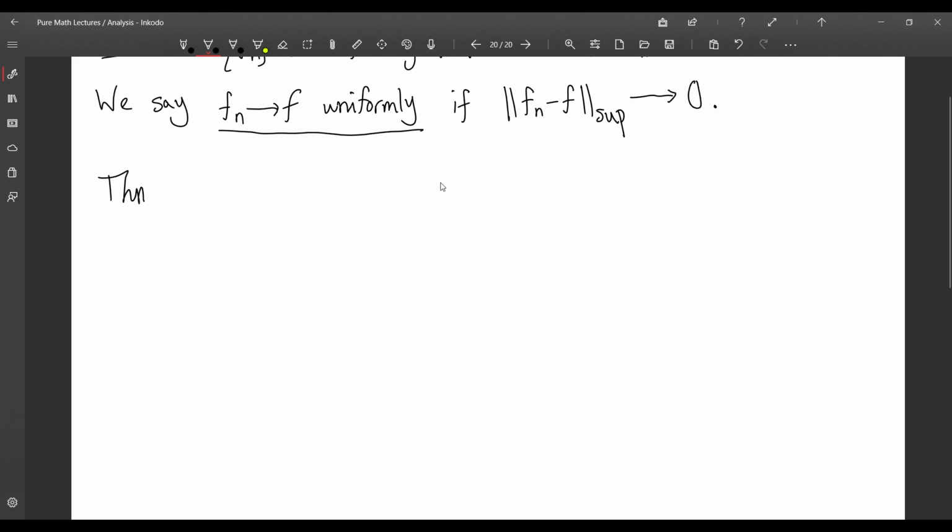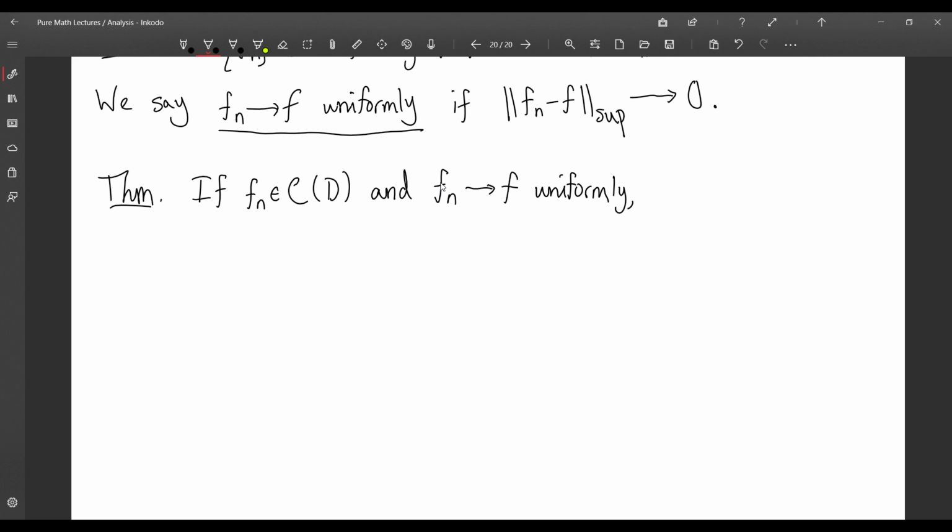Now our first theorem is that if our family of f sub n's is coming from a space of continuous functions, and f sub n converges to f uniformly, then f is also continuous.